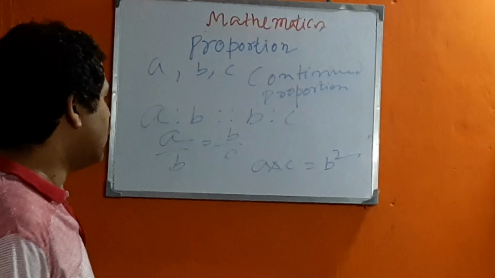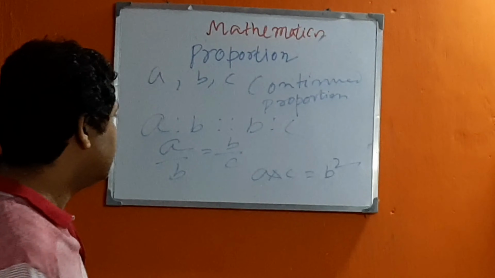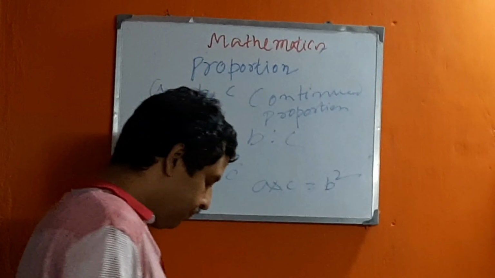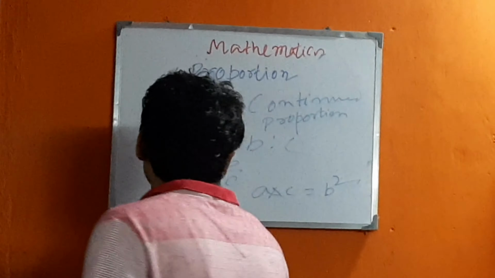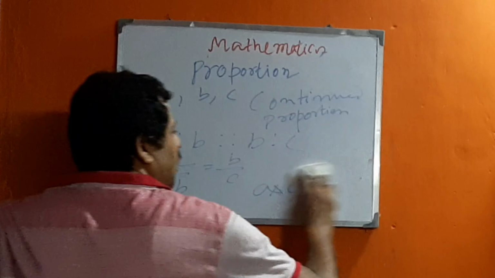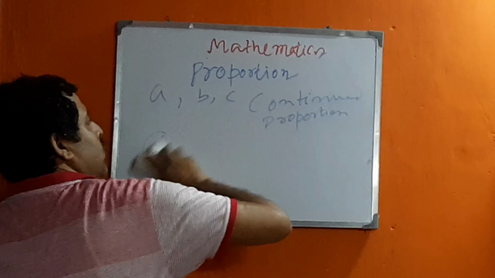That is, mean square equals first into third. This is the second formula. There are many more formulae to come regarding proportion.